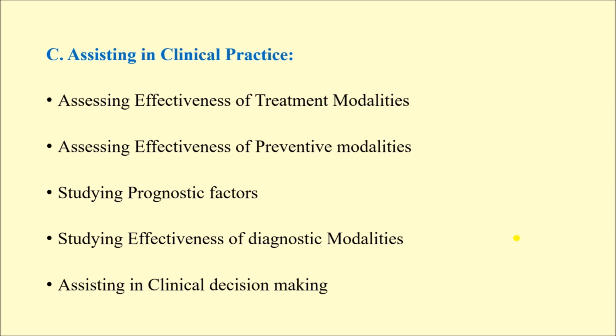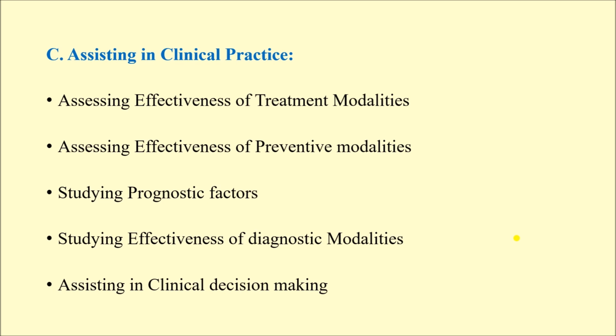So after careful observation for many years, we have identified a lot of prognostic factors for different diseases, and from that we can say, since this person is having these prognostic factors, there is a high chance that this person will die within 5 years, say just an example, or maybe will get better very soon. So prognostic factors can also be identified by different epidemiological approaches.